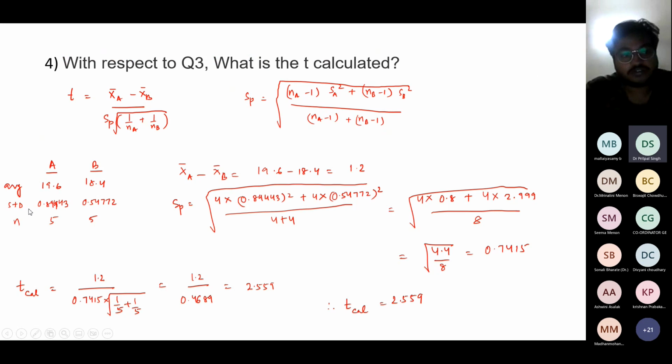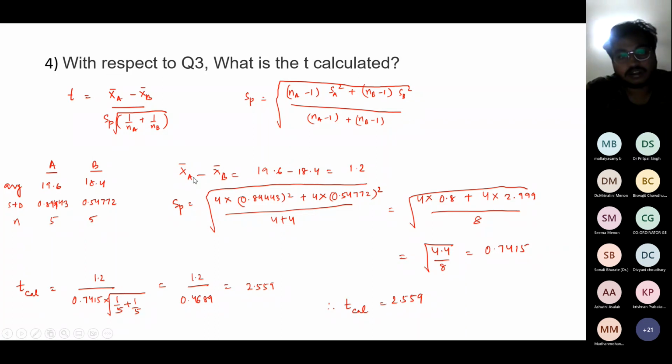Then we calculate the standard deviation using the standard formula, which is the root of the sum of (x minus x bar) squared divided by n minus 1. I have not calculated those here because it gets a lot more tedious, so you can do that and you'll get these values. The N value in both cases will be 5.